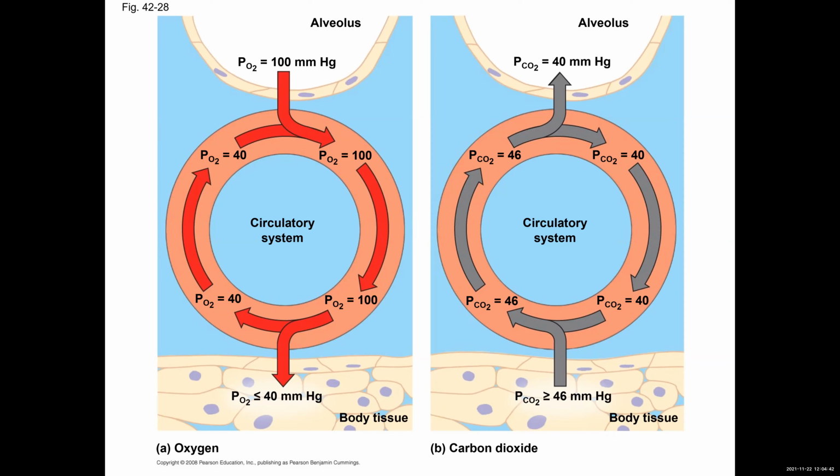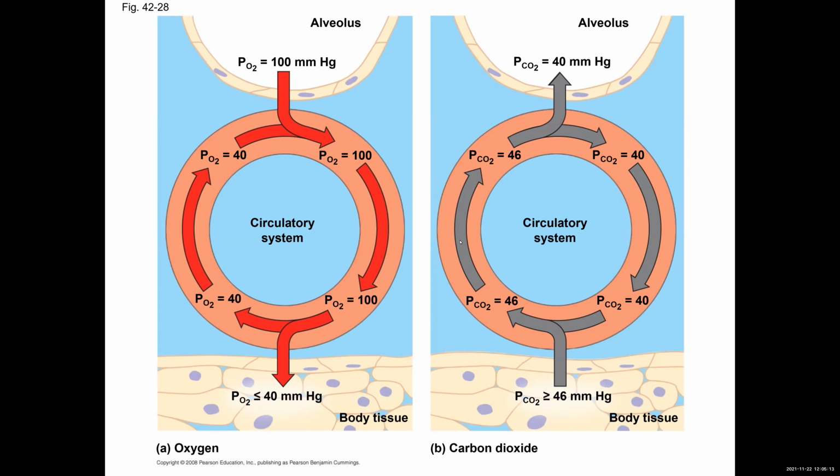At the same time, carbon dioxide is produced in the body tissues as a byproduct of cellular respiration. We have a high concentration of carbon dioxide in the tissues where it's being made. We have a low concentration of carbon dioxide in the blood compared to the tissues when it's coming from the lungs. So it's going to move by diffusion from the body tissues into the circulatory system.